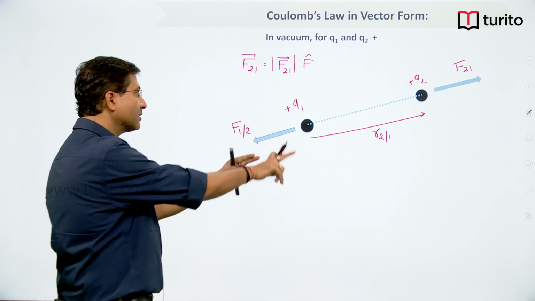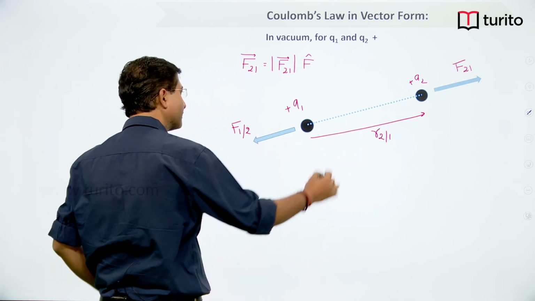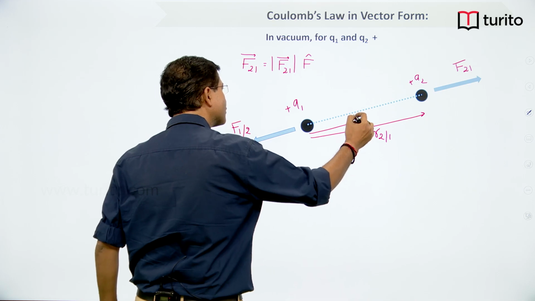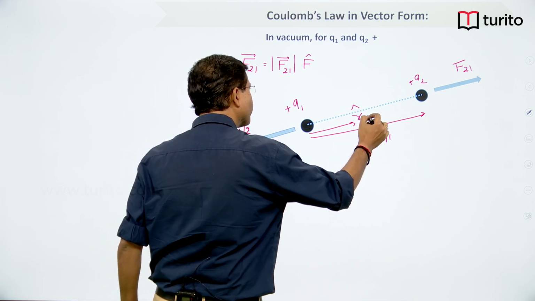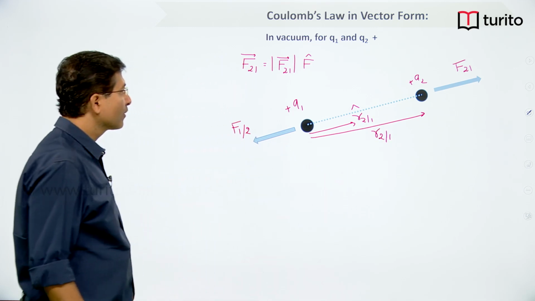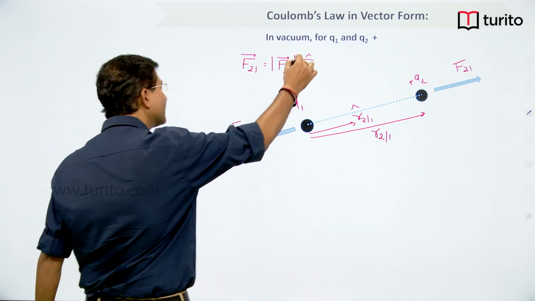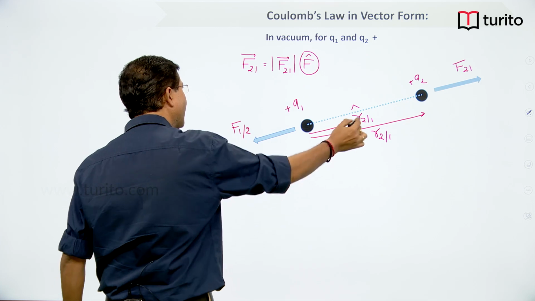So in this direction I require a unit vector. That unit vector can be written as r21 cap. So this direction is the same as the direction of r21 cap.